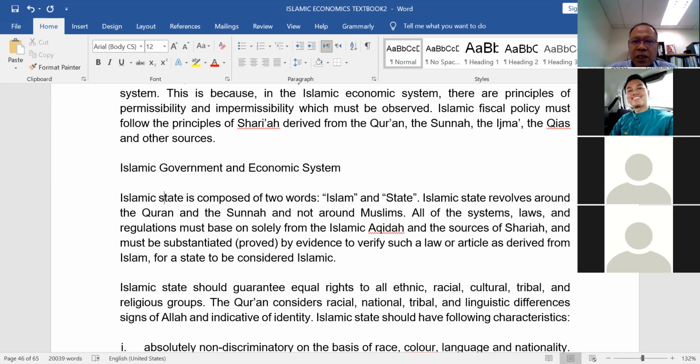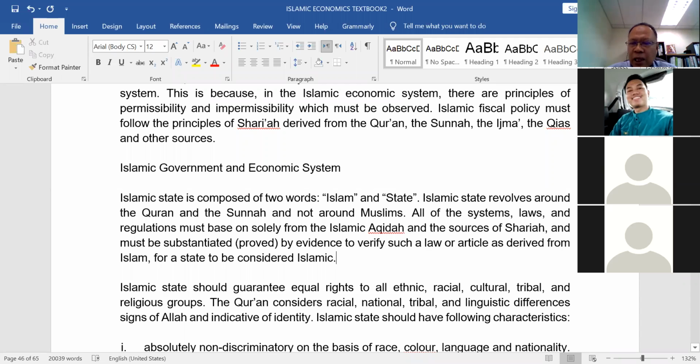All of the systems, laws and regulations must be based solely on the Islamic aqidah and the sources of Sharia, Quran, Sunnah, and must be substantiated or proved by evidence to verify such a law or articles of law as derived from Islam for a state to be considered Islamic.